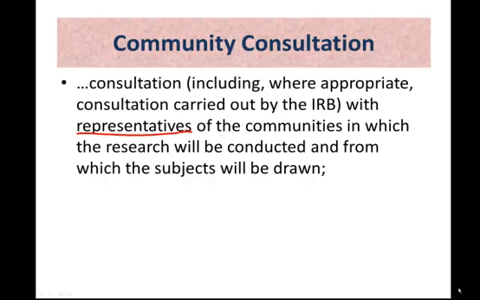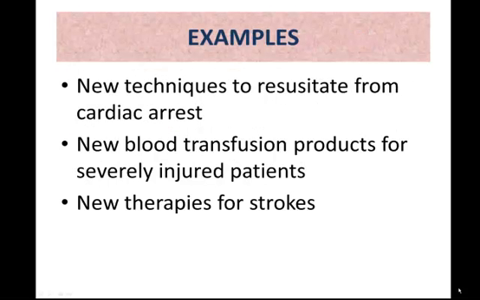However, to be sure, in many instances, it may be difficult to delineate exactly the geographical boundaries of the community or which groups actually comprise the community. Examples of a waiver of informed consent in the emergency setting include research that investigates new techniques to resuscitate from a cardiac arrest, new blood transfusion products for severely injured patients, and new therapies for strokes.